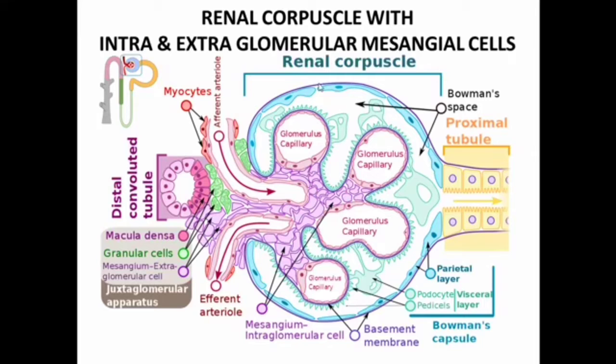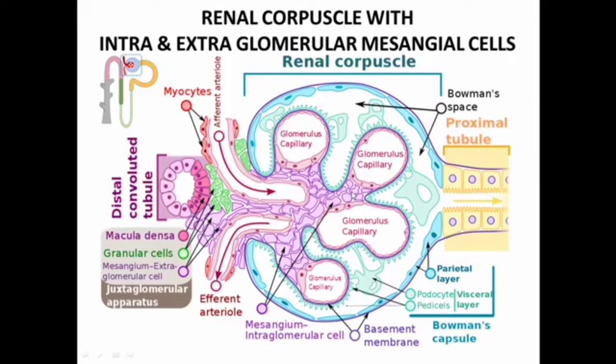Fourth function, they can regulate the blood flow through the glomerular capillaries. How can they control the flow through the glomerular capillaries? You know that they are present here, covered by the same glomerular basement membrane. So when these mesangial cells contract, they squeeze this membrane, and they reduce the glomerular filtrate, and vice versa.